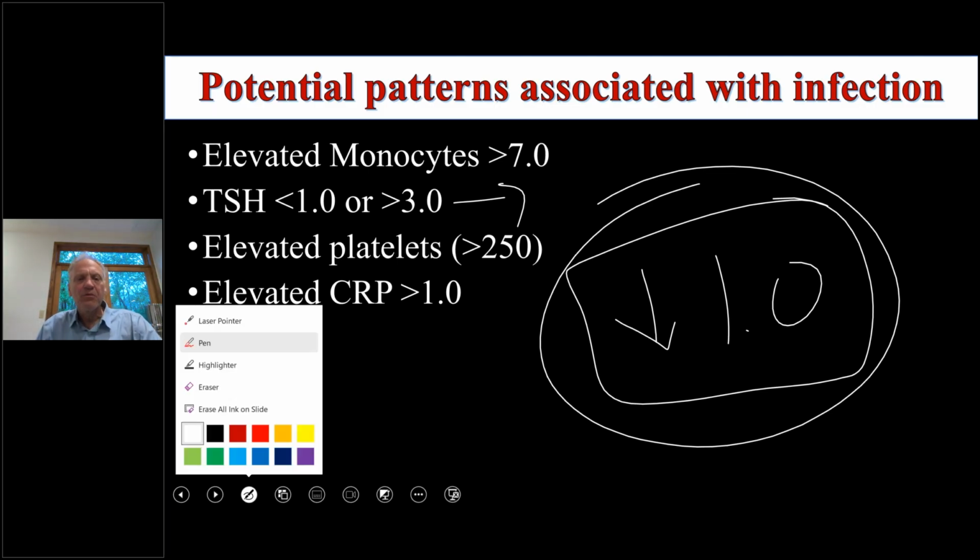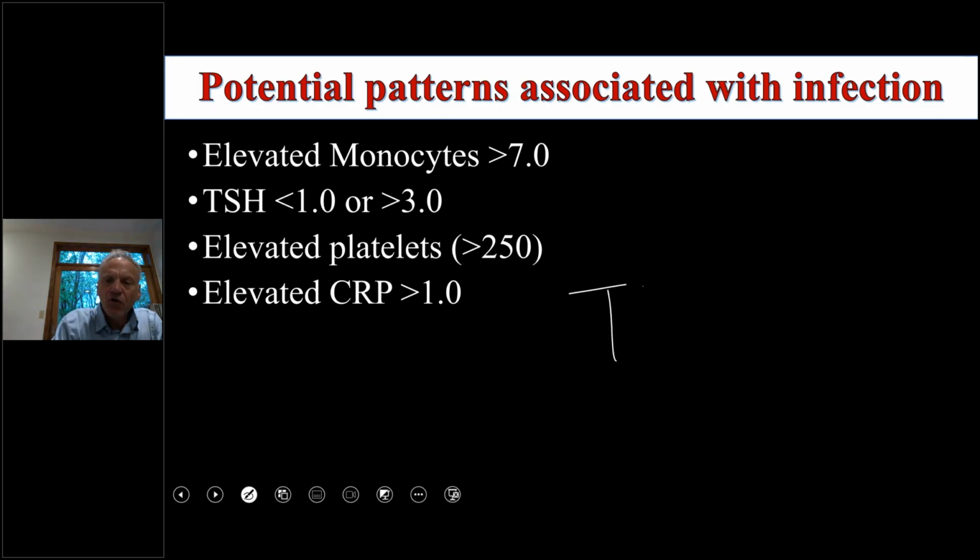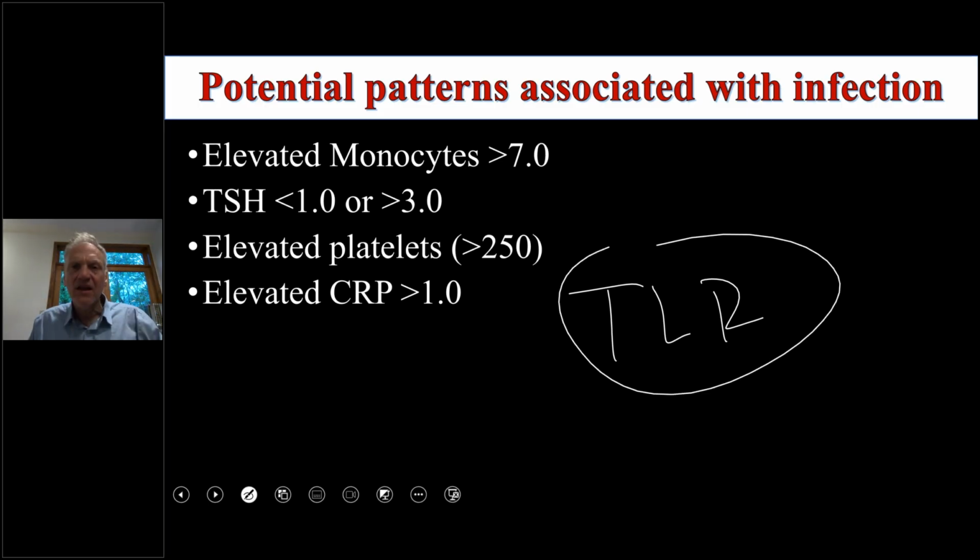Here's another one. Platelets have what are called toll-like receptors on their outer membranes. What does that mean? A toll-like receptor is a pattern recognizer. It recognizes a pattern of specific types of bacteria.